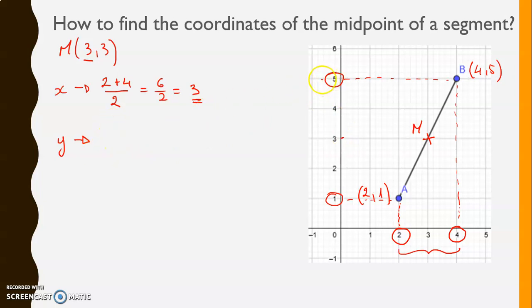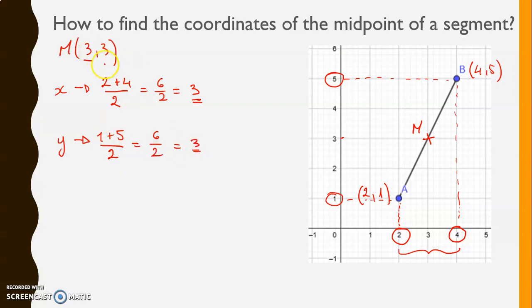So to find the midpoint, we have to work out the mean of the two y components. So 1 plus 5, we add them and divide by how many there are. There are 2 values, so it is equal to 6 over 2, which is 3.